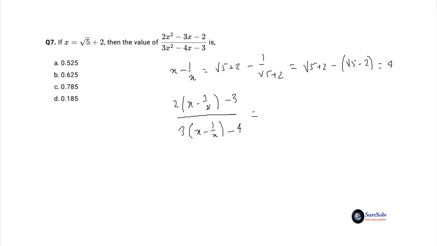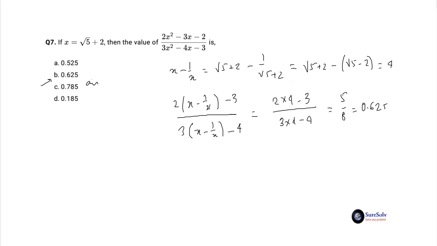This is equal to 2 into 4 minus 3 by 3 into 4 minus 4 equal to 5 by 8, which is equal to 0.625.